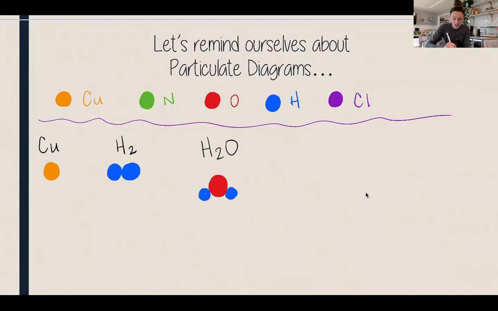Let's see, say maybe something similar. We can have a molecule of copper 2 chloride, CuCl2. Now, here's the thing. Copper 2 chloride is an aqueous solution.